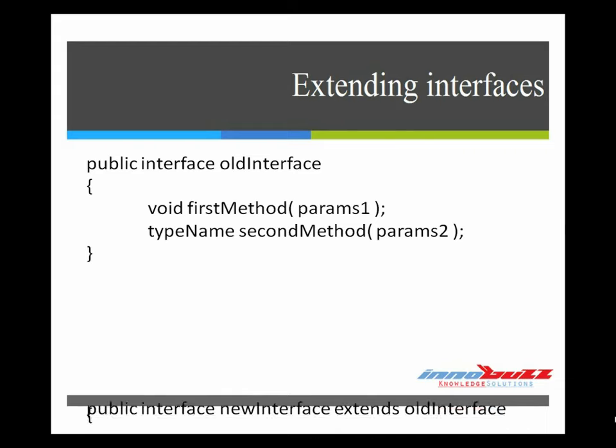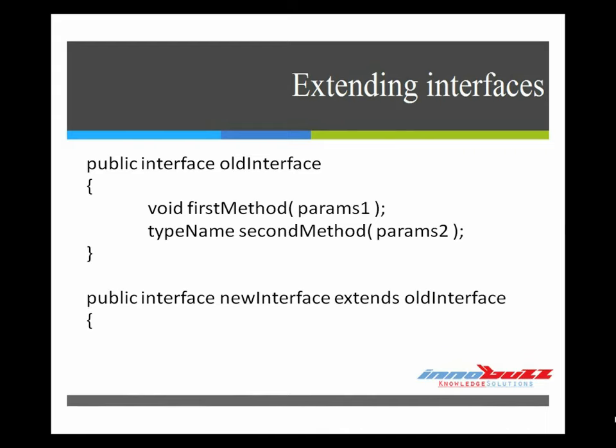What can we do? We extend our old interface and create a new interface that has got inside a new method, a third method. So this way our new interface will have all the abstract methods of the old interface and one more new.